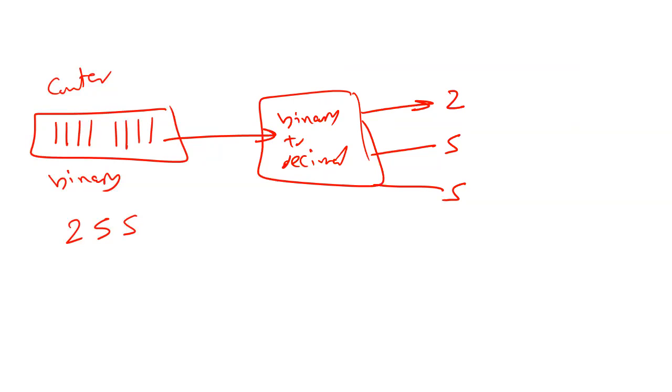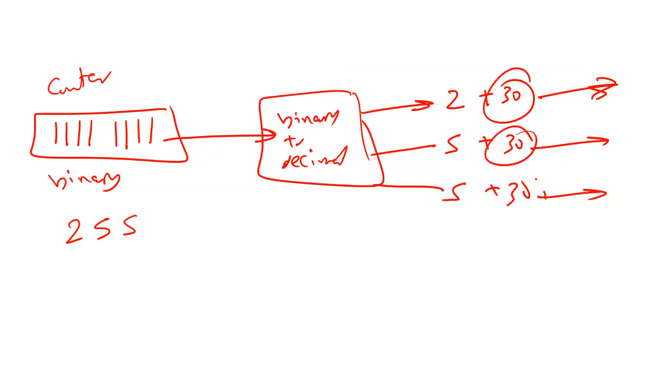You got what I'm saying, guys? I need to do this conversion because this is binary, and I need to convert to decimal numbers. If I want to display this on the LCD, for example, I'm going to add 30 and then send it to the LCD, because I'm converting to ASCII.